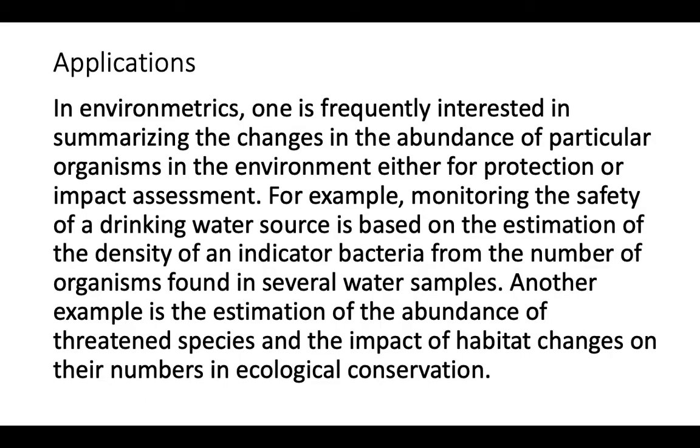For example, monitoring the safety of a drinking water source is based on the estimation of the density of an indicator bacteria from the number of organisms found in several water samples. Another example is the estimation of the abundance of threatened species and the impact of habitat changes on their numbers in ecological conservation.